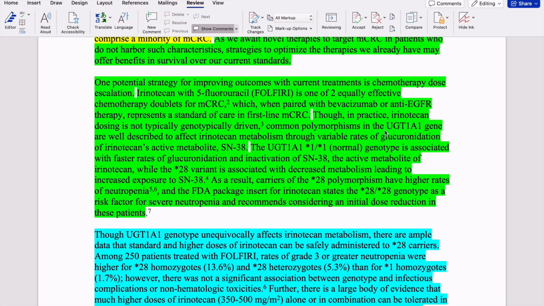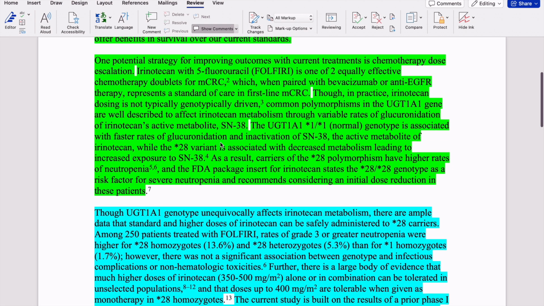So though in practice, irinotecan dosing is not typically genetically driven, common polymorphisms on this gene have been described to affect metabolism of irinotecan through issues with the metabolite, so the metabolism of a component of irinotecan.